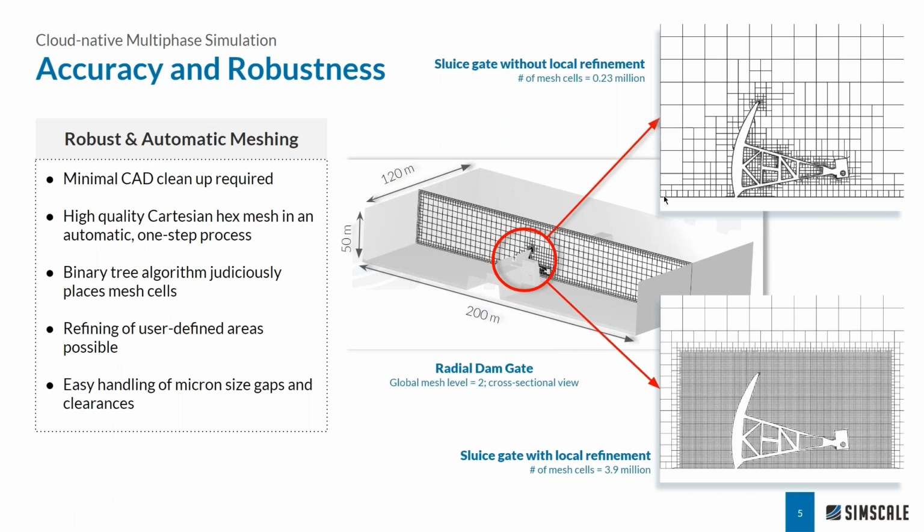Of course, for CFD accuracy, you would want to refine areas of interest more, maybe if you want to look at the pressures and forces on the gates, and that is what you see at the bottom, which of course bumps up the mesh size. But overall, if you look at them separately, both of these mesh generations could be done under 10 minutes.